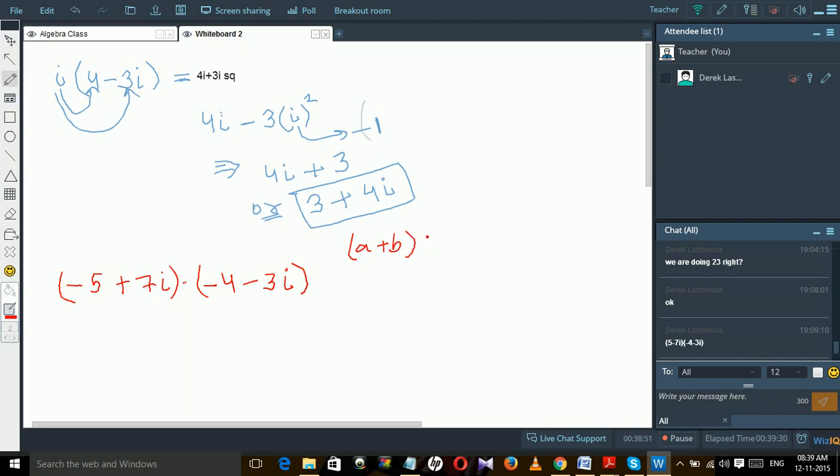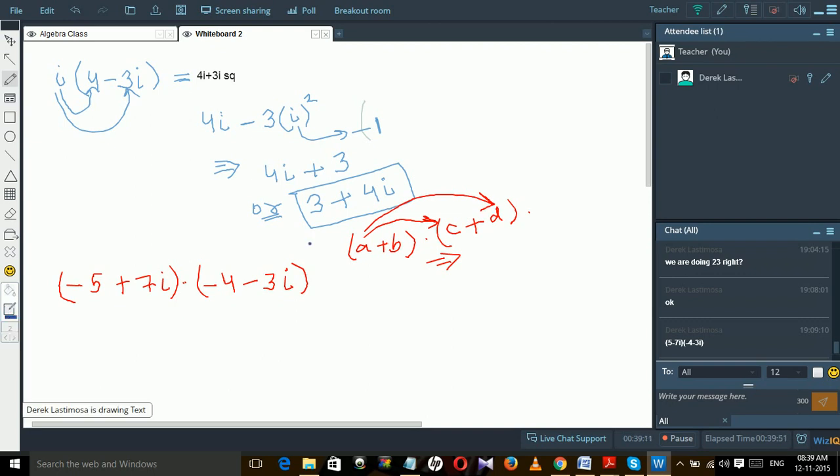Again, we'll use the same. This is as simple as multiplying a plus b. You don't have to worry about the iota part. You know how to multiply a plus b by c plus d.